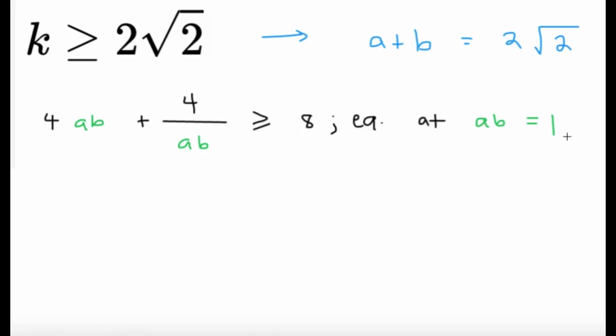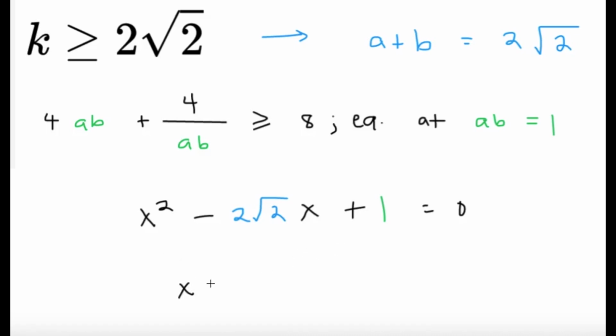The product is 1. So I can easily form x squared minus 2 square root of 2 x plus 1 equal to 0. All I have to do now is solve for x, and those are going to be the values for A and B. So let's check if it's actually possible, because again, A and B are positive real numbers, so I should expect positive real numbers to be the roots of this equation.